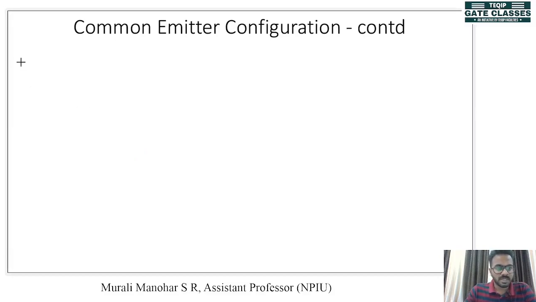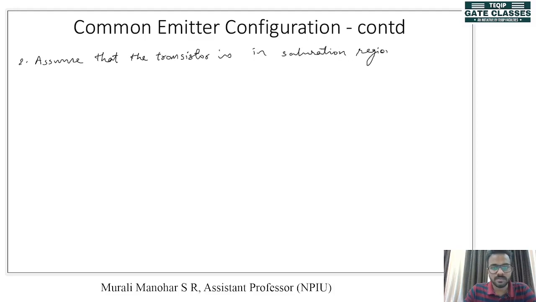Now, the second method is to assume that the transistor is in saturation region. So, the first step is we know VBE SAT, and we also know VCE SAT for different semiconductors.